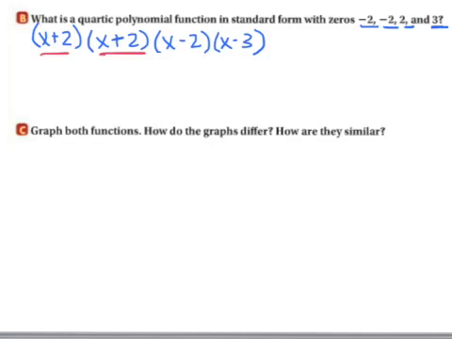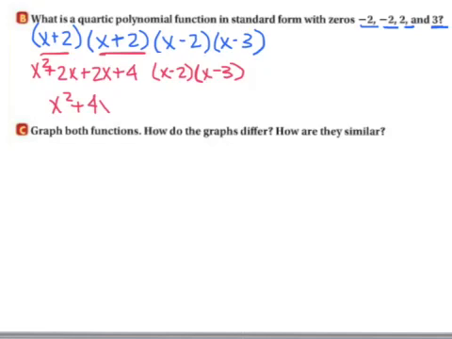So I'm just going to go from left to right. First, I'm multiplying x plus 2 times x plus 2. So we get x squared plus 4x plus 4.